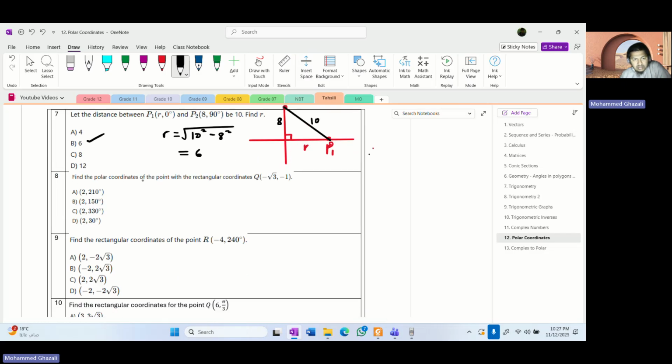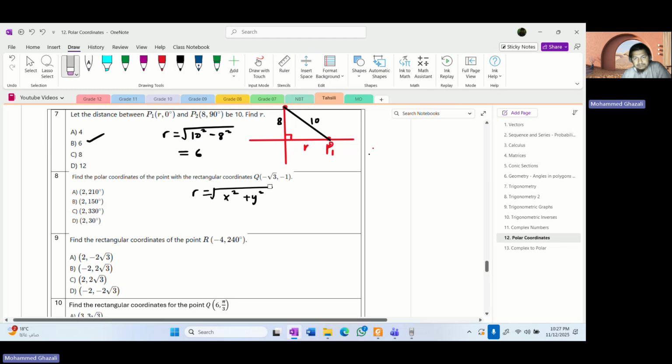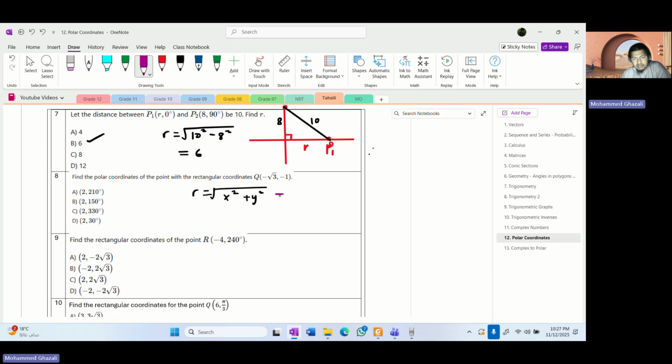Moving on to the next question. Find the polar coordinates of the point with the rectangular coordinates. So what's the polar point given x? So what are the equations? r equals the square root of x squared plus y squared. In this case, it's going to be the square root of, what is x squared? You're squaring the root 3, so this is 3. Squaring the 1 is 1.